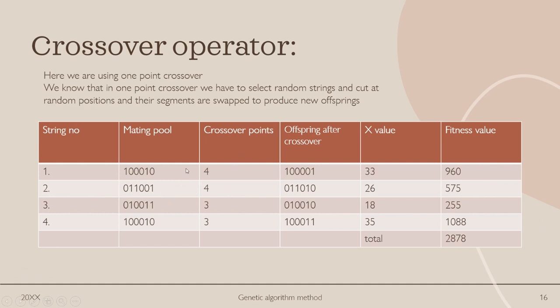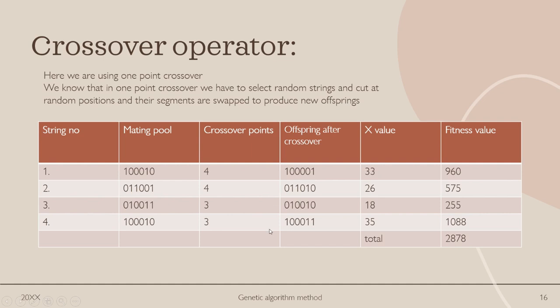In the mating pool, the weakest among the given population will be replaced with the strongest one, and we do the crossover operation. I did it at the fourth position for the first two strings, and at the third position for the third and fourth strings.